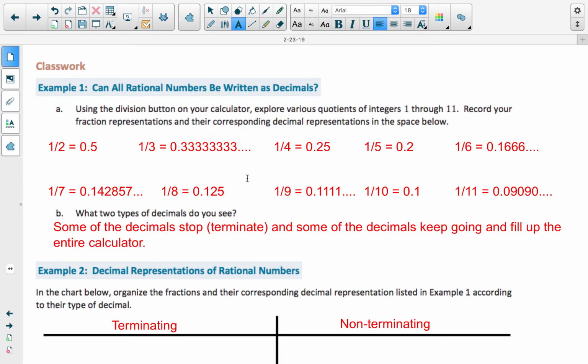So what two types of decimals did you see? Some of the decimals stop, or what is called terminate, like 1/2 here or 1/4. And some of the decimals keep going and fill up the entire calculator, like 1/11 or 1/9.